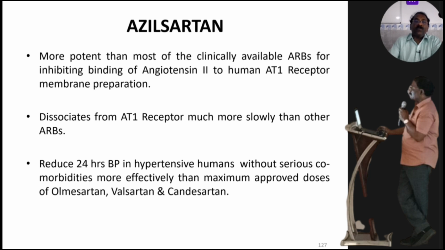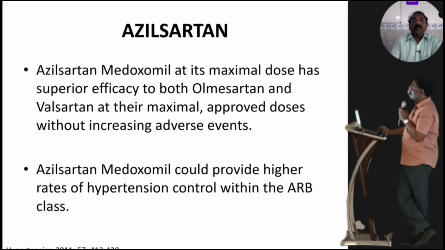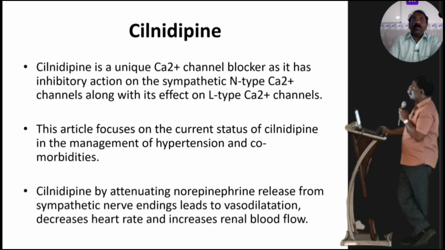They reduce the 24 hour BP in hypertensive humans without serious comorbidities more effectively than the maximum approved doses of olmesartan, valsartan, or candesartan. Cilnidipine is very popular in Asia, though not available in the UK, Europe, Australia or America.